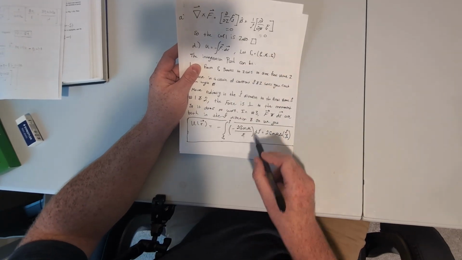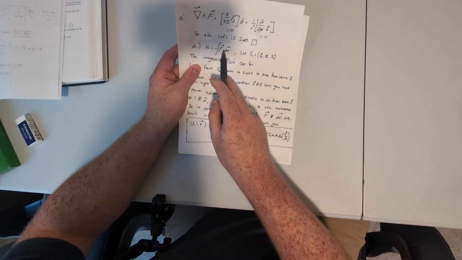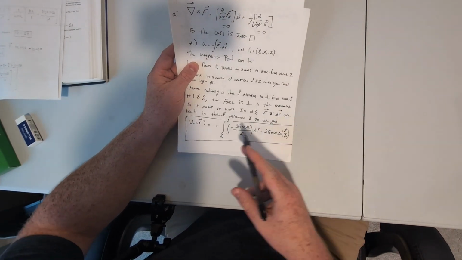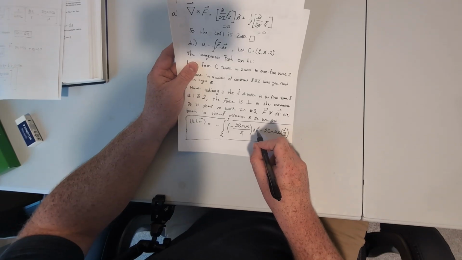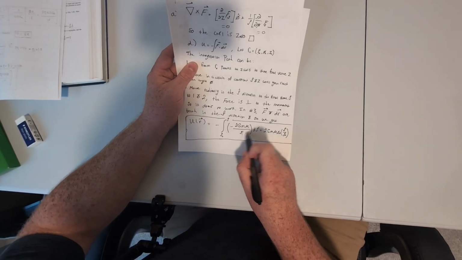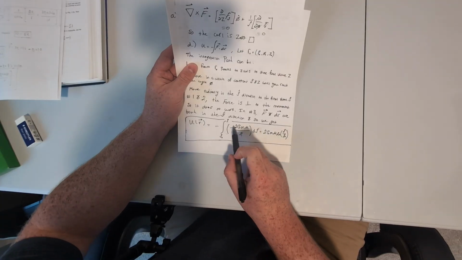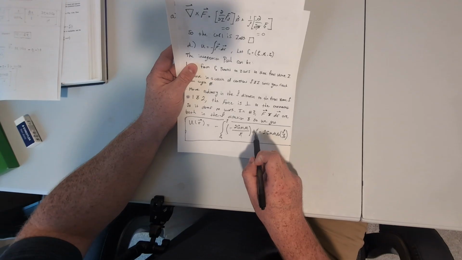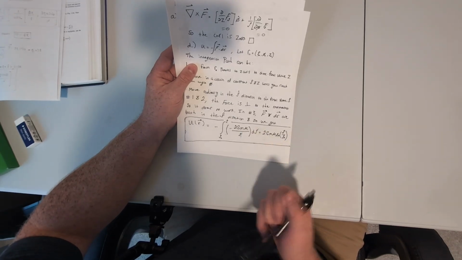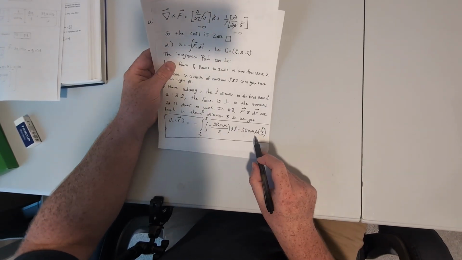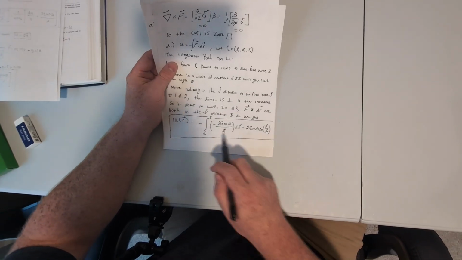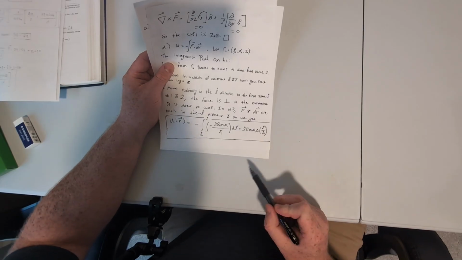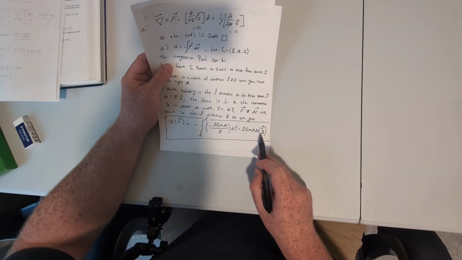And F dot dr is basically, dr in cylindrical coordinates is just d rho for the rho hat component. So we're dotting the rho hat components, and this is what we get. Everything here is a constant except for the rho. We're integrating with respect to rho, so we're just integrating 1 over rho, or 1 over x. And the integral of 1 over x is just the natural log of x. And when we plug in our bounds, we get the natural log of rho minus the natural log of rho naught, which can just be expressed as the natural log of rho over rho naught.